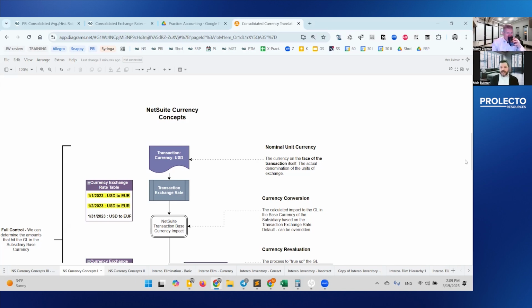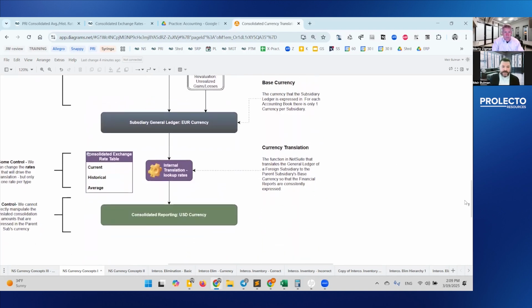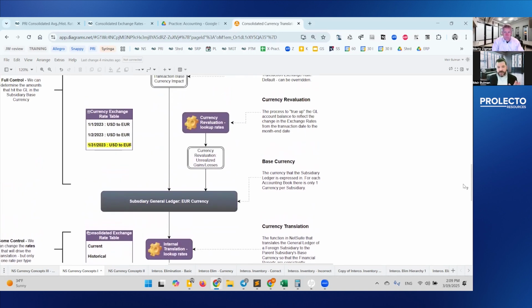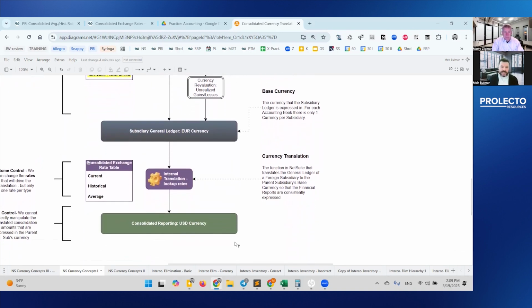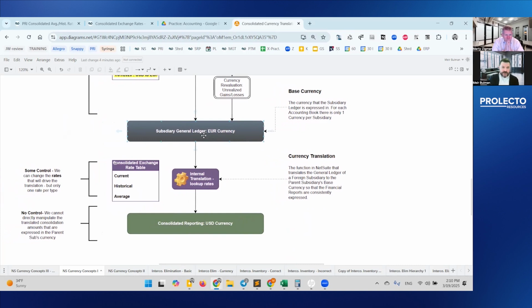So let's say you've got a euro subsidiary that is owned by a USD parent. Just looking at this section right here, I think is where we need to focus, where the entire ledger of that subsidiary is expressed in euro.